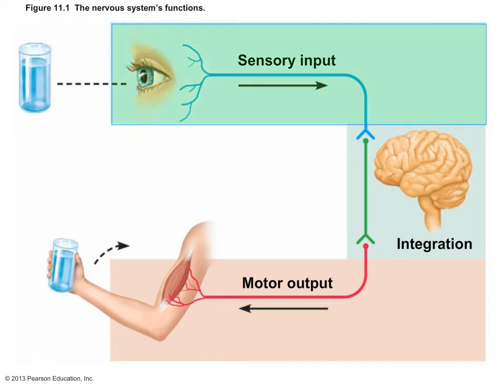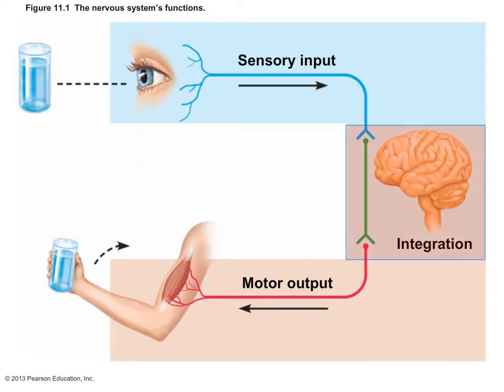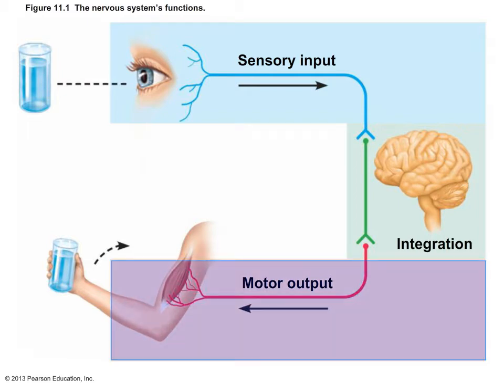Basically, sensory information comes in from sensory receptors, for example the eyes. It travels to the brain or spinal cord where integration takes place, that is analysis. And finally, if necessary, the brain or spinal cord will generate an appropriate motor output for that particular input. In this case, that motor output is going to be affecting skeletal muscle.